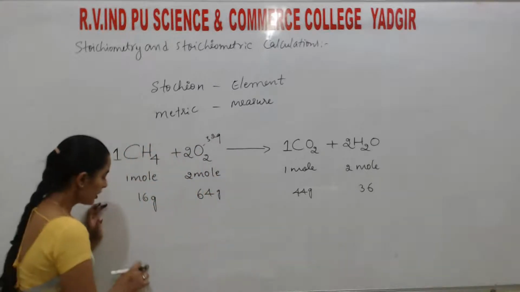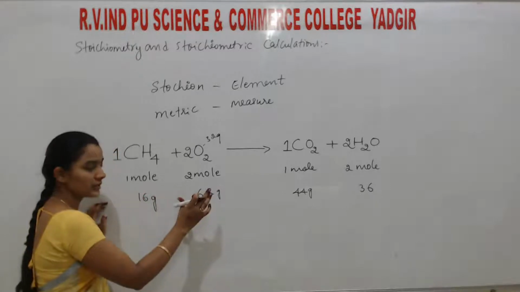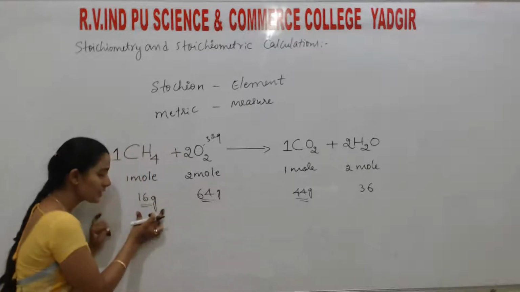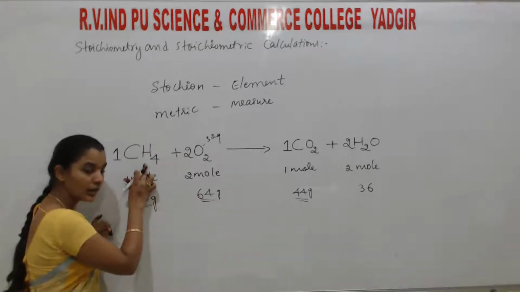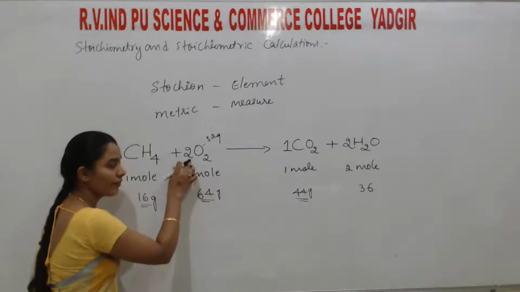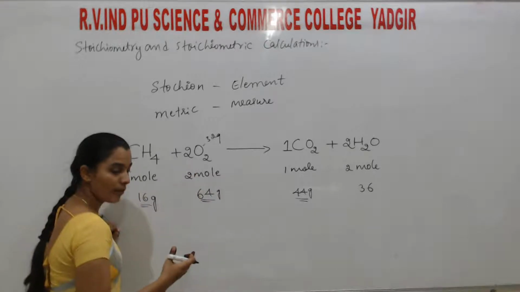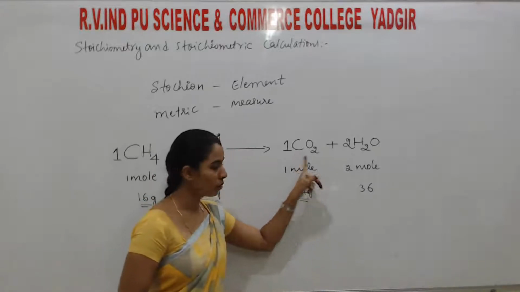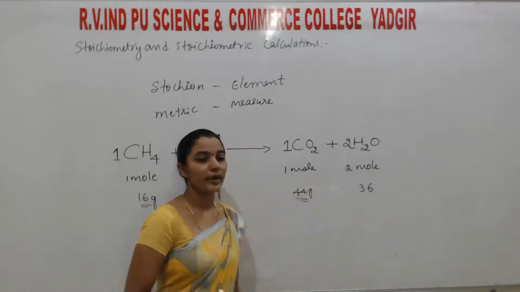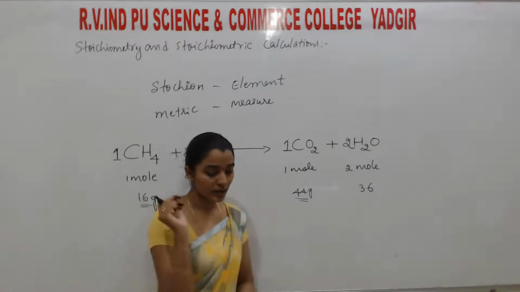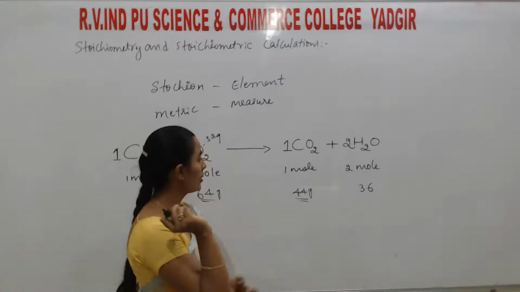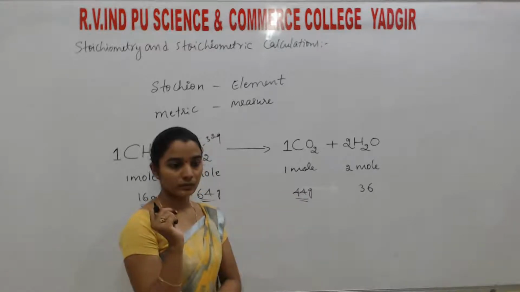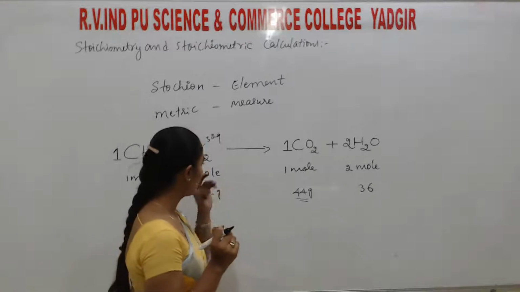How can you read this equation in gram values? 16 gram of methane requires 64 gram of oxygen for complete combustion to produce 44 gram of CO2 and 36 gram of H2O. This is another way to read the equation. You may also write this in words.